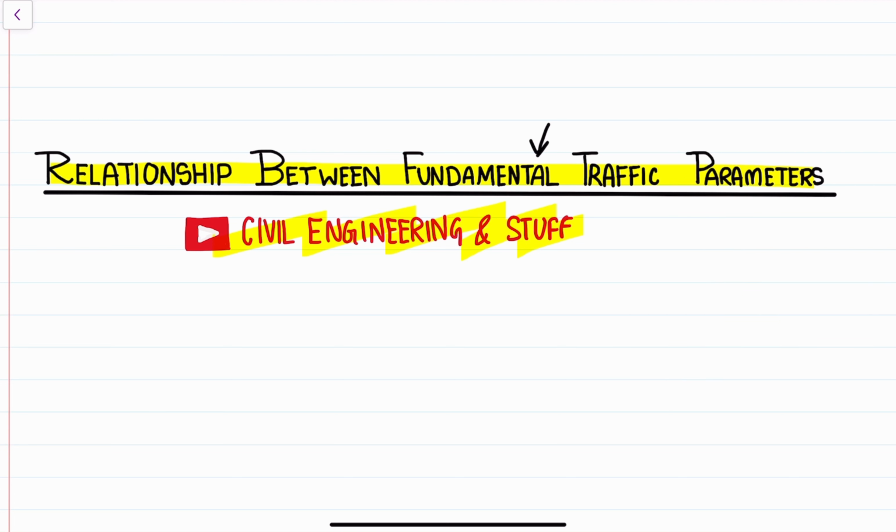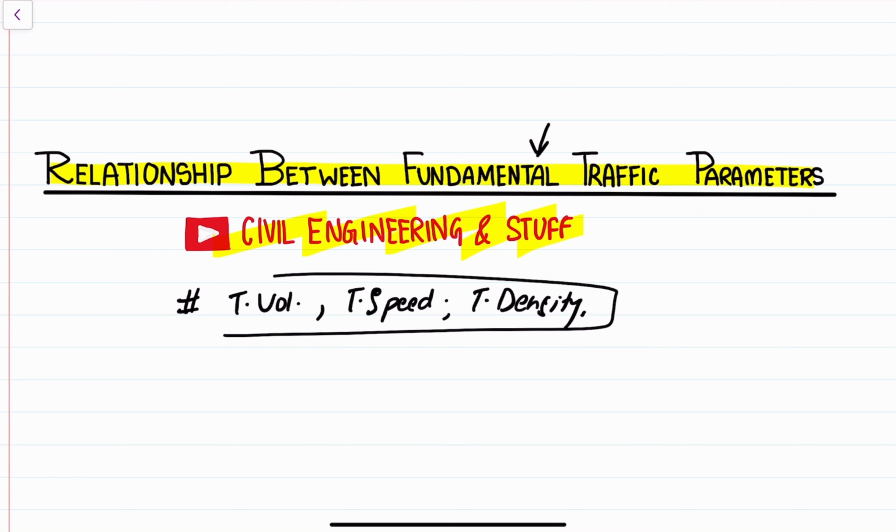In macroscopic, we have traffic volume, traffic speed, and traffic density as the important fundamental parameters, apart from the traffic capacity.